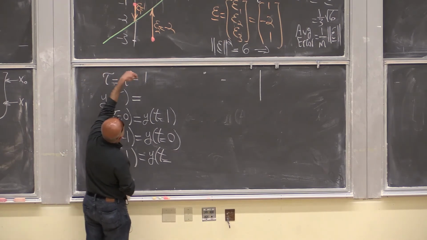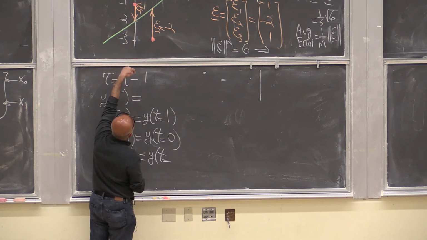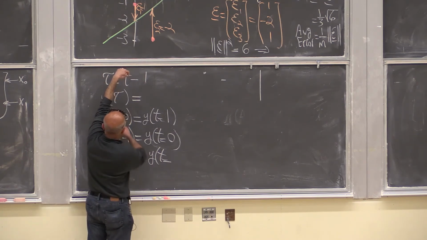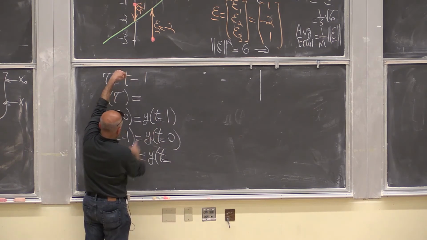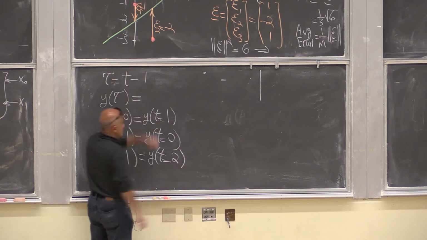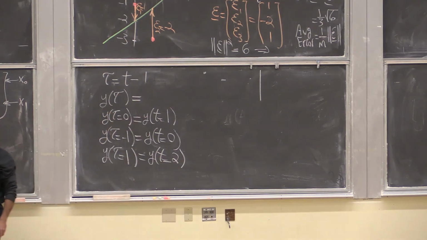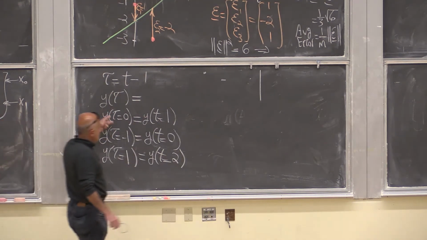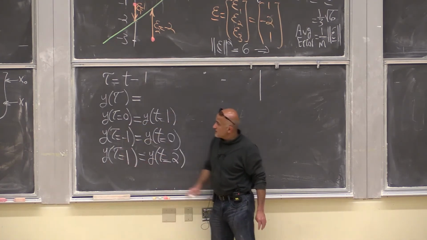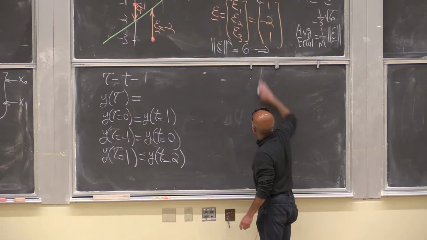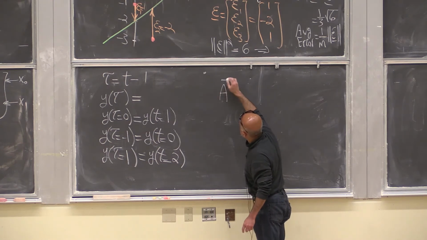I want to center this. So y at tau equals 0, I want to be y at t equals 1. Y at tau equals 1, I want to be y at t equals 2. That's what I want. If I redefine my time axis in this way, can you tell me what my new A matrix is?